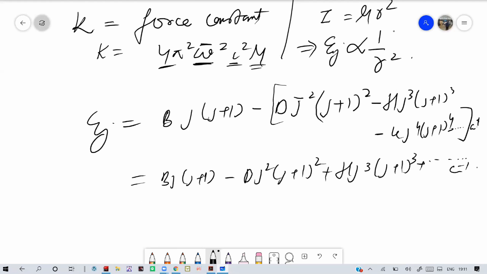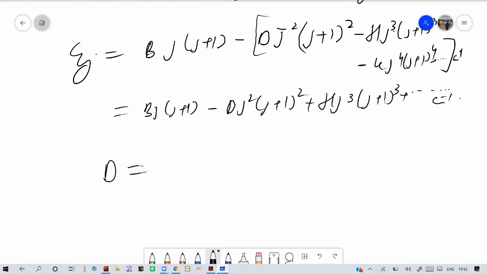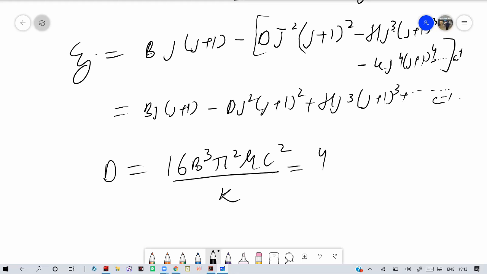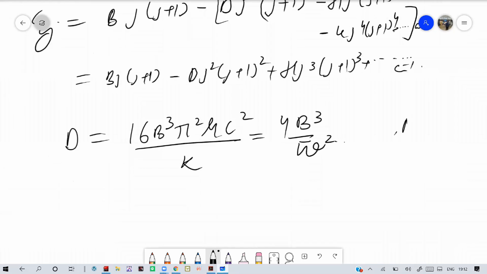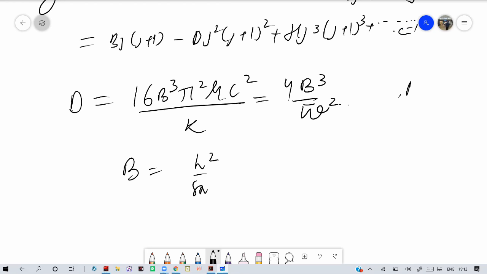Okay, and we also know the B value, B and D, so you can write D is equal to 16... because you know that B is equal to... I c, and D we have already written.